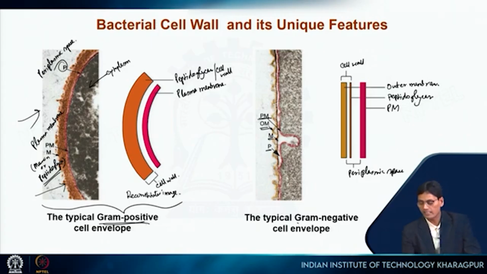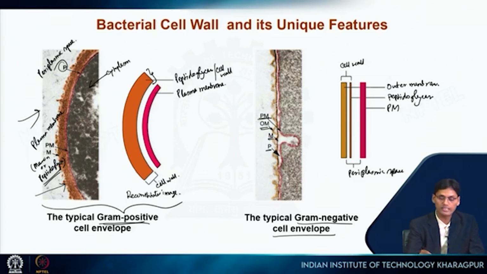On the other hand, this group of bacteria are gram negative bacteria. This is happening because of the different properties in their cell wall. Particularly, because of the very thick peptidoglycan layer, these bacteria behave as gram positive bacteria.